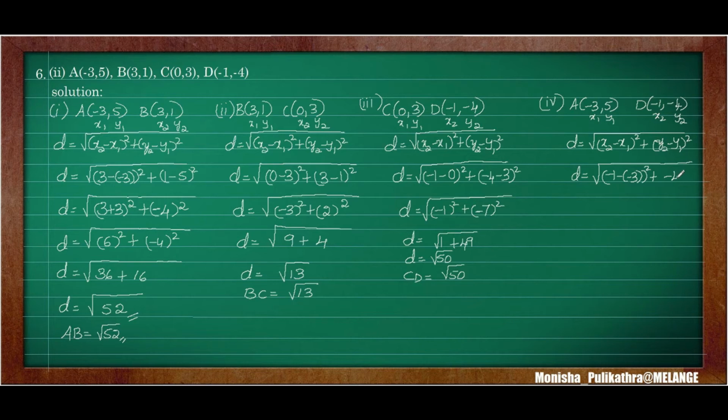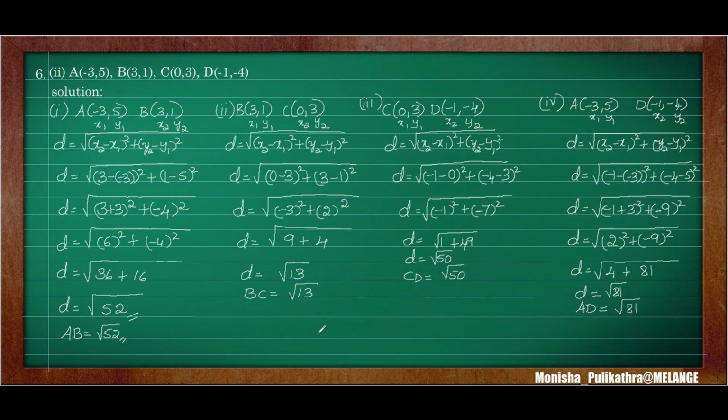Next y2 is minus 4 and y1 is 5. So here it will become (minus 1 minus into minus, plus 3) whole square plus minus 4 minus 5, which is minus 9, whole square. So minus 3 minus 1... 2 square plus (minus 9) whole square. So D is equal to square root of 2 square is 4 and 9 square is 81. So D will be equal to root 81. So the value for AD is equal to root 81.